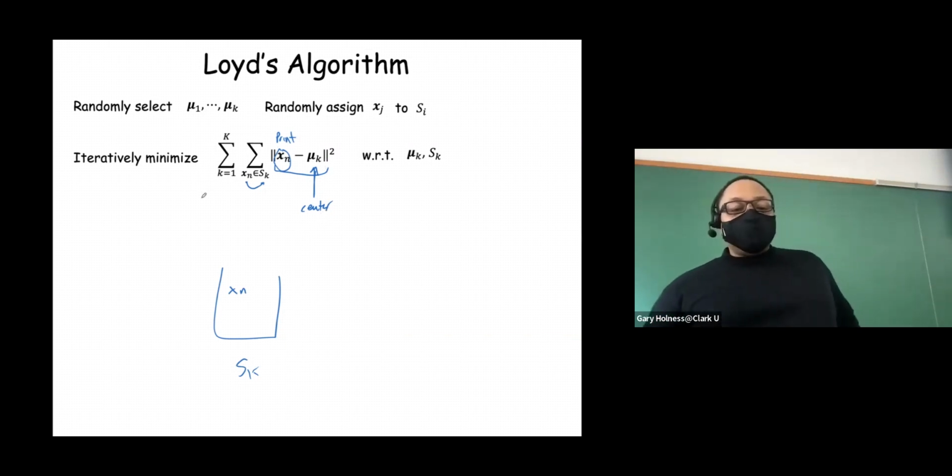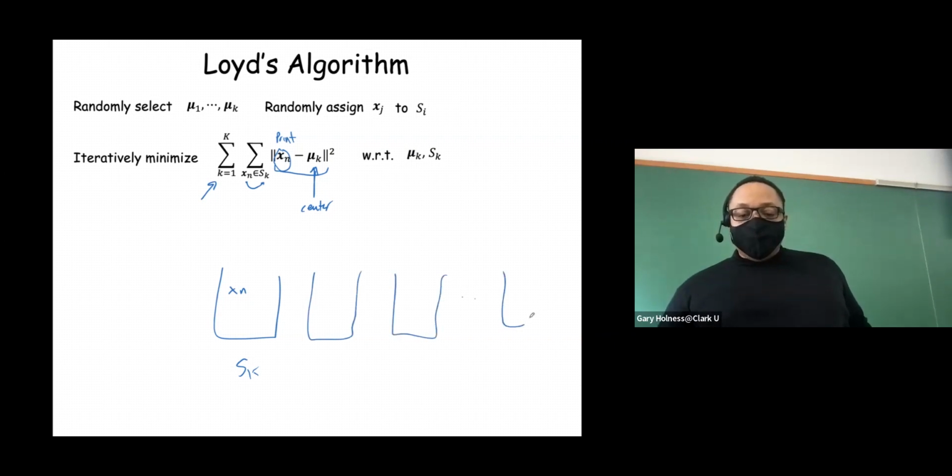So now this outer summation says for every single cluster. We don't just have a particular cluster, we have all of the clusters from SK down to S1. Does that make sense?